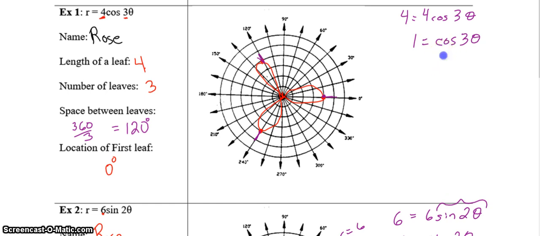So cosine of what angle is 1? Well, it turns out cosine of 0 is 1. Well, if 3 theta is equal to 0, theta then is also equal to 0. And that's how you get that.